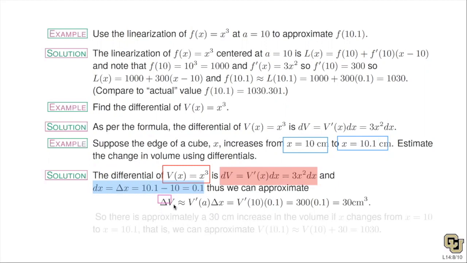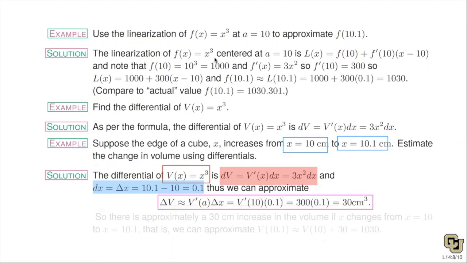So the actual change, delta V, which we don't want to calculate due to restrictions on our resources, we approximate with V prime of a times delta x, where we plug in the original value. So here a is 10 and delta x is going to be 0.1. And so then I do the math to finish.